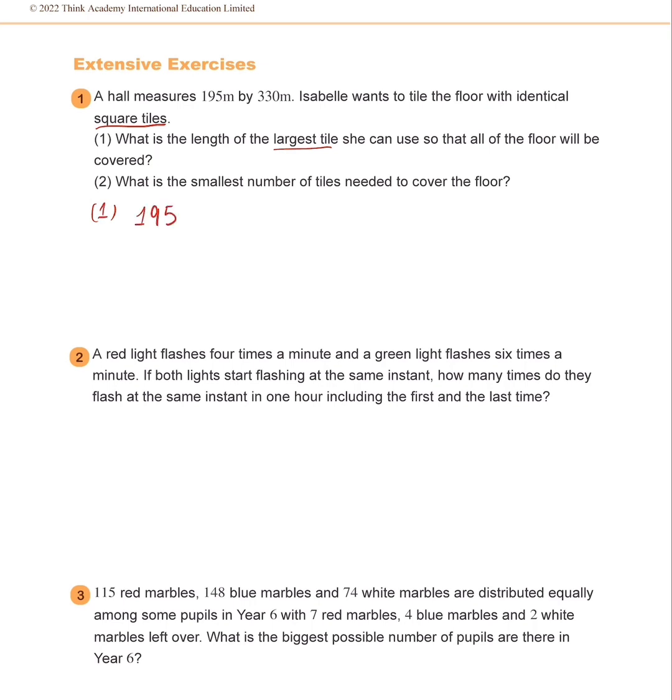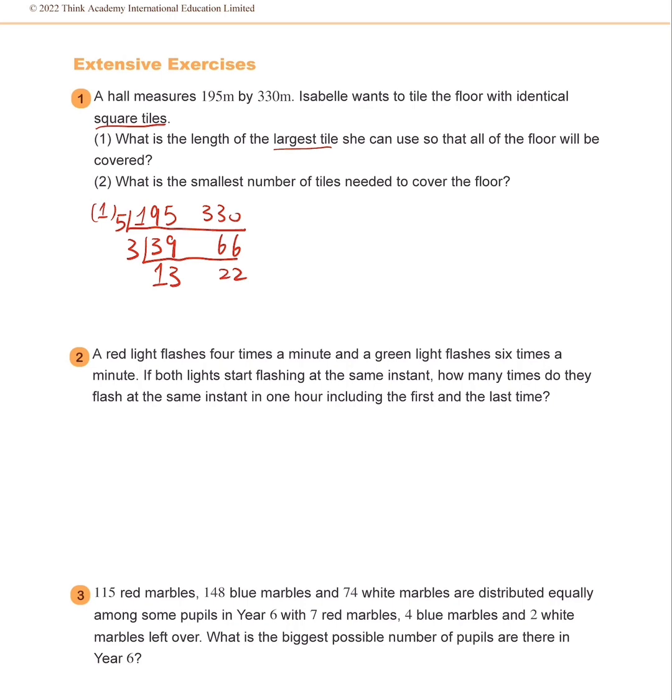So what we can do here is to write 195 and 330 side by side and divide them by their common factors. So first of all, we've got a 5. So it's a 39 there and a 66 there. And then we've got a 3. So that's 13 and that's 22.